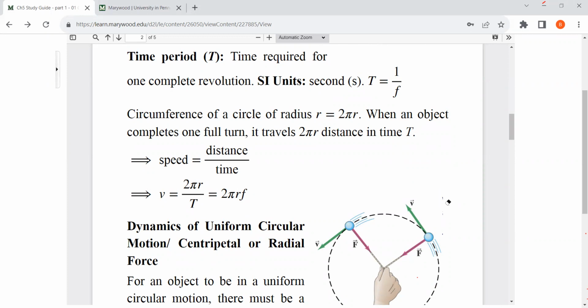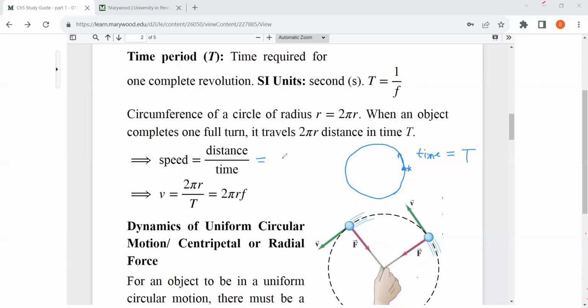So in a uniform circular motion, if an object starts here, let's say this is the starting point, we already know that to cover 1 full turn, that means if it starts from here and goes in this direction and comes back to this point, the time it needs is equal to the time period, right?